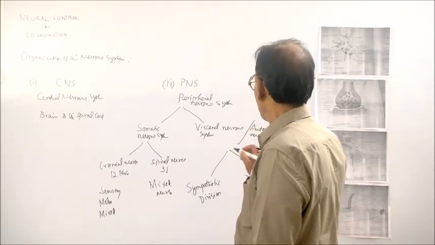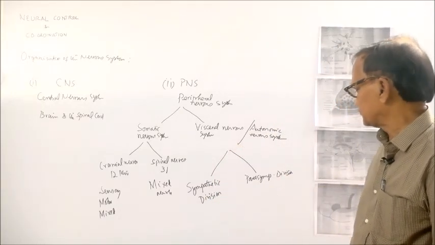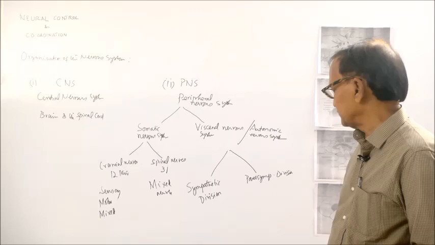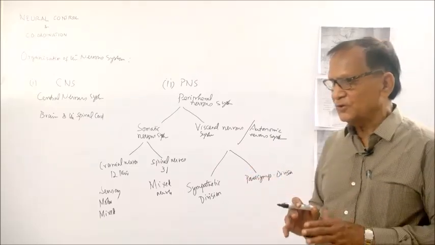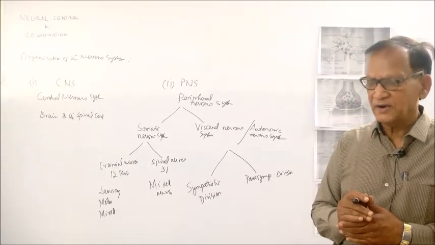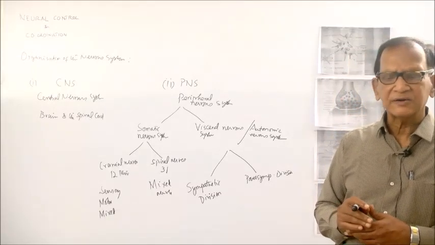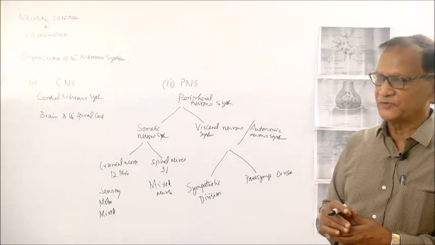Now, this autonomic nervous system or the visceral nervous system and their two divisions are responsible for controlling the functions of most of the internal organs which are not under the direct control of our will.